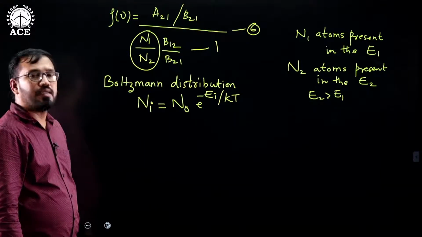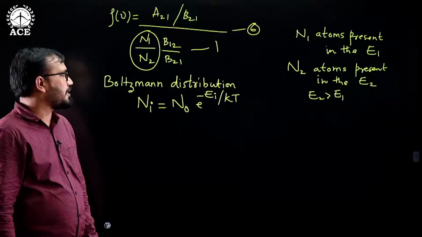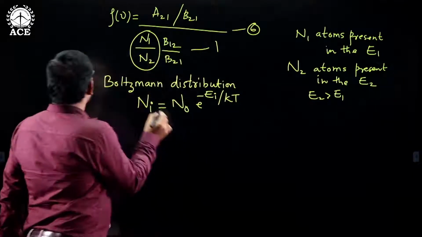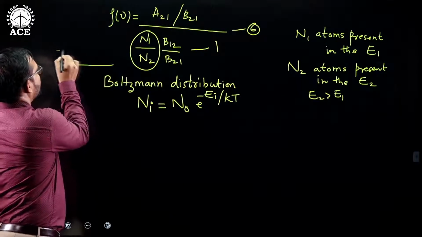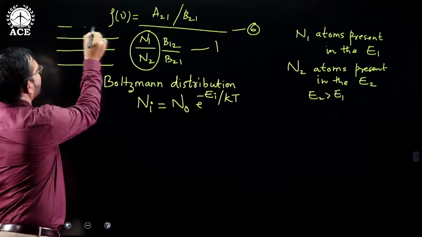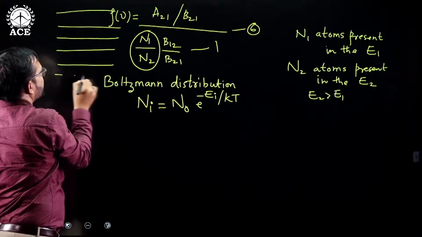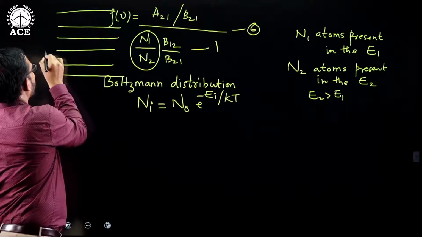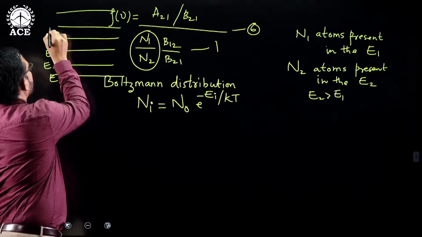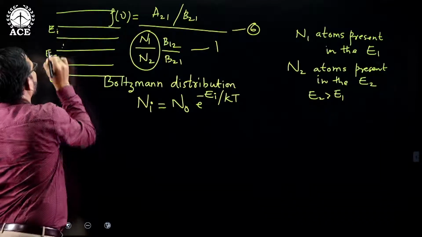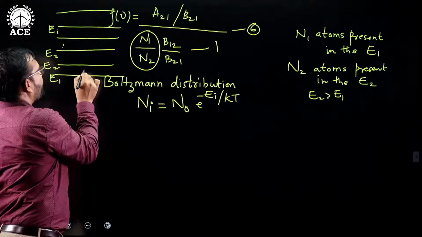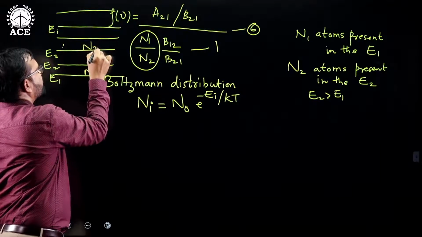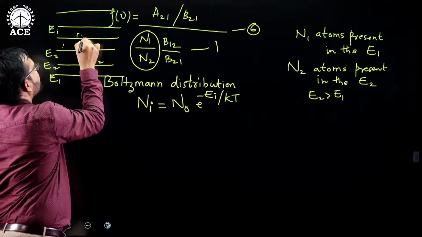What is Ni? Ni is the number of atoms present in the Ei level. For example, see here. These are the different energy levels: E1, E2, E3, and so on. This is the Ei level. Here the number of atoms present is N1, here N2, here N3. In the Ei level, how many atoms are present?